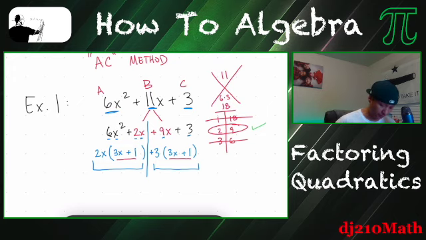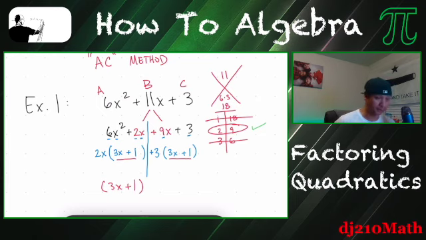So what's common to both? Well, it's the underlined part in red. So 3x plus 1 is common to both. So I can factor out a 3x plus 1 because that's common to both. If I factor that out, and then we look at what's left behind, here we have 2x plus 3.